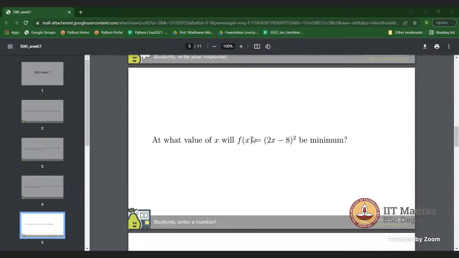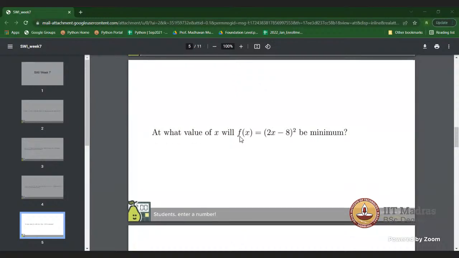Obviously, the minimum value possible for this will be 0 because it is a square, which can be either positive or 0. It is 0 when 2x minus 8 is 0, which gives x as 4.